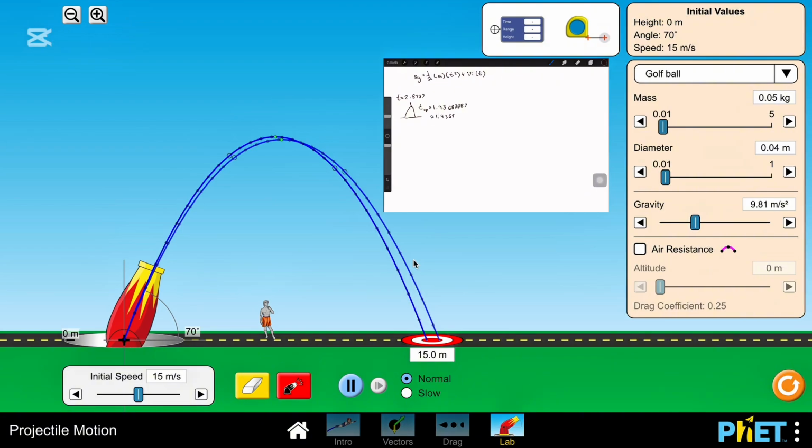Okay, now we want sy, and half of 9.81 is the acceleration term: minus 1/2 times 9.81 times 1.4368 squared plus 15 sine of 70 times 1.4368.